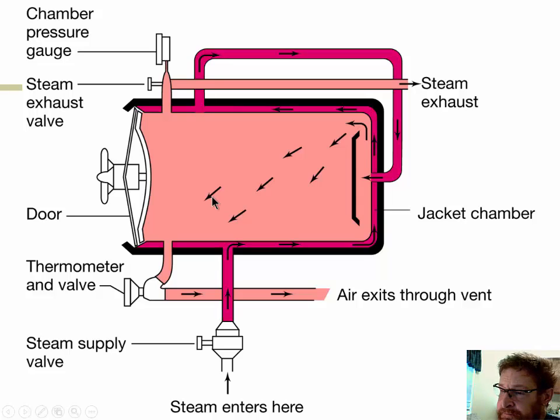Once you seal the door, you can put steam in the outside jacket, the one in the darker red, and that will heat the inside chamber and also put a little bit of the steam in there. You always have to be watching the pressure, but these big autoclaves are the standard for sterilizing things.